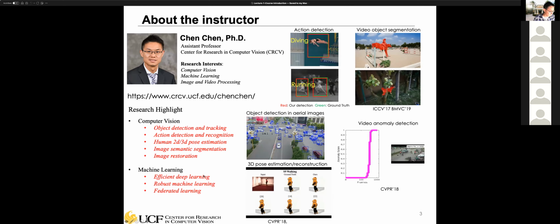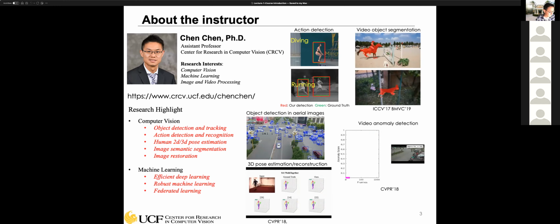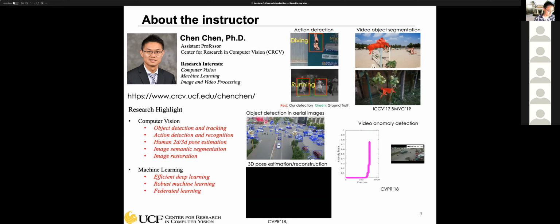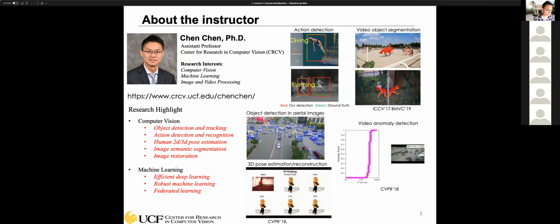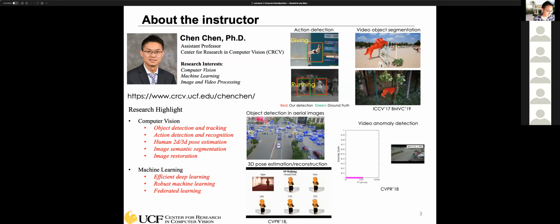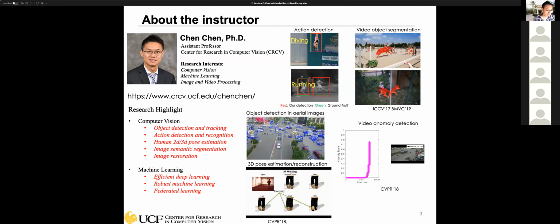And on the machine learning side, we do research on efficient deep learning. As we all know, deep learning has triumphed in all fields, right? But one big issue is that it's very data and power hungry.